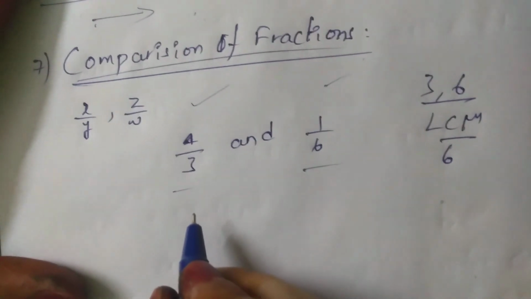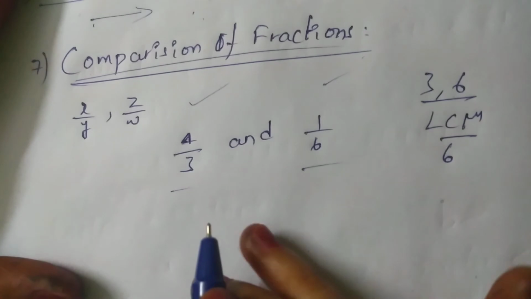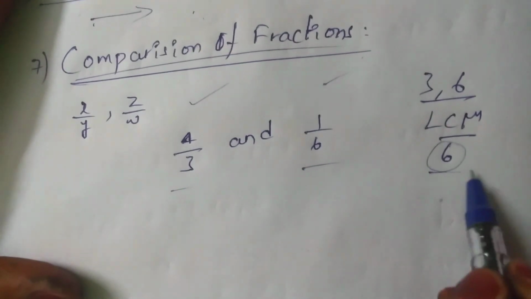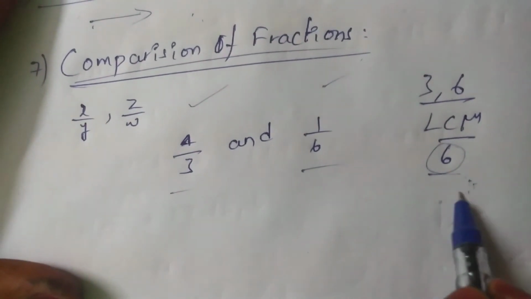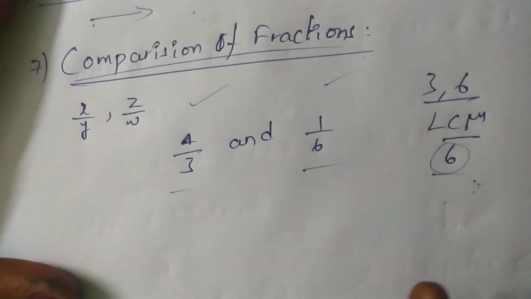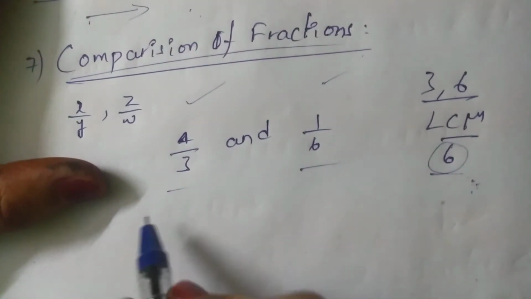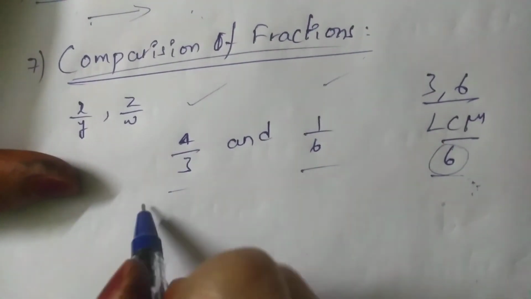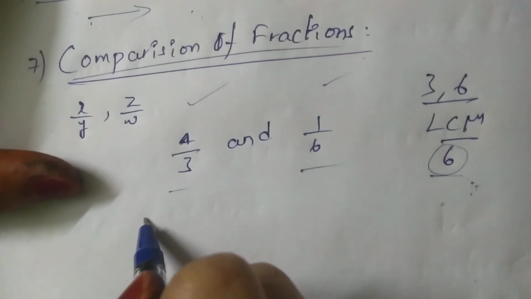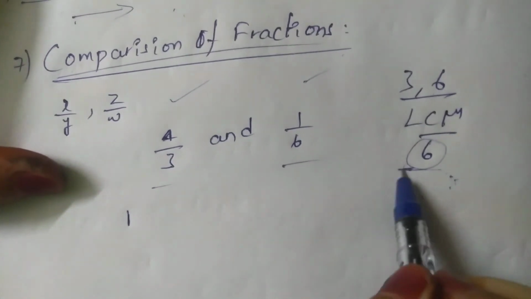And next we need to convert each of the fractions into an equivalent fraction with LCM as the denominator. For this we need to multiply both the numerator and denominator by the same number. Here the LCM is 6.